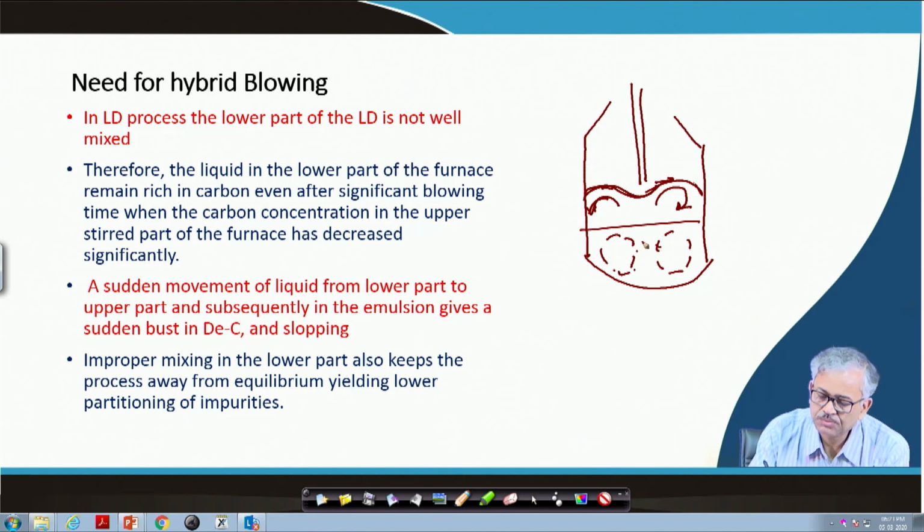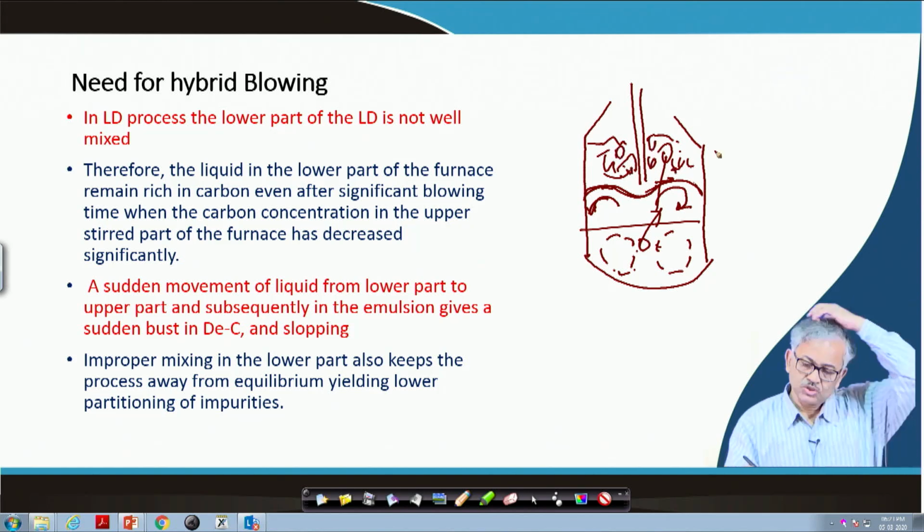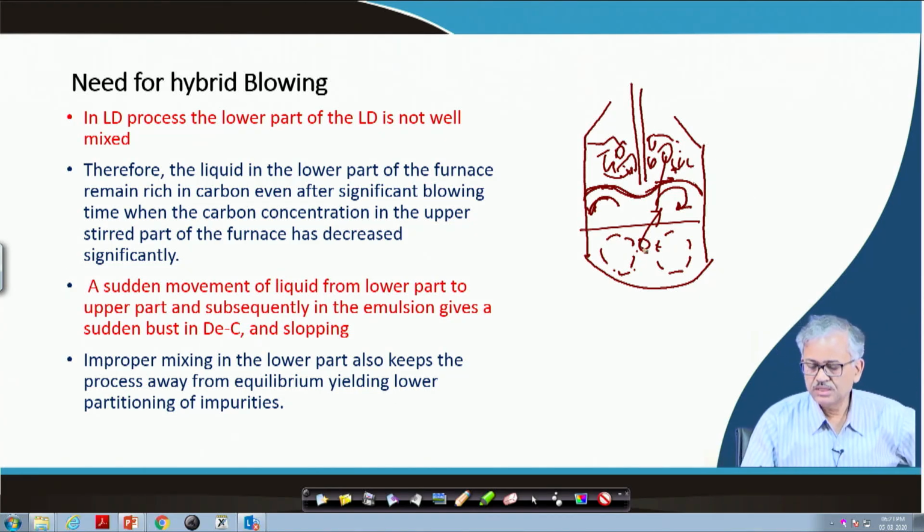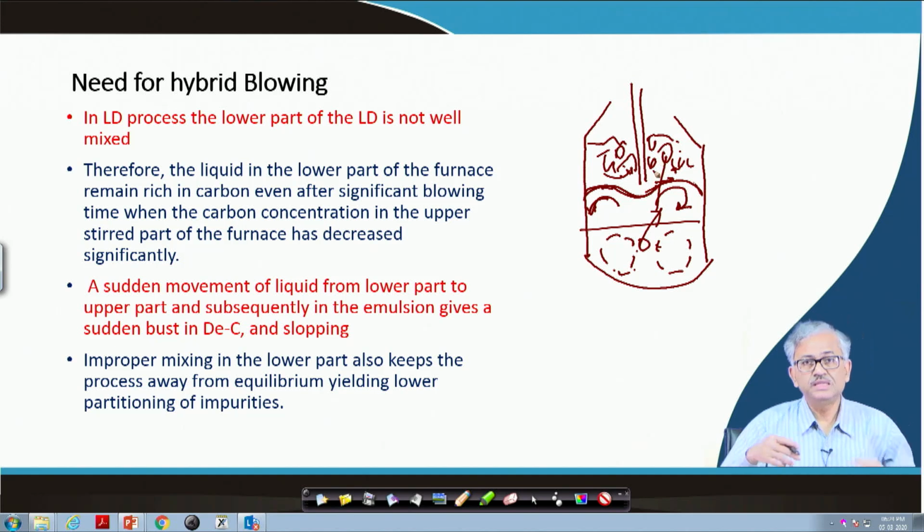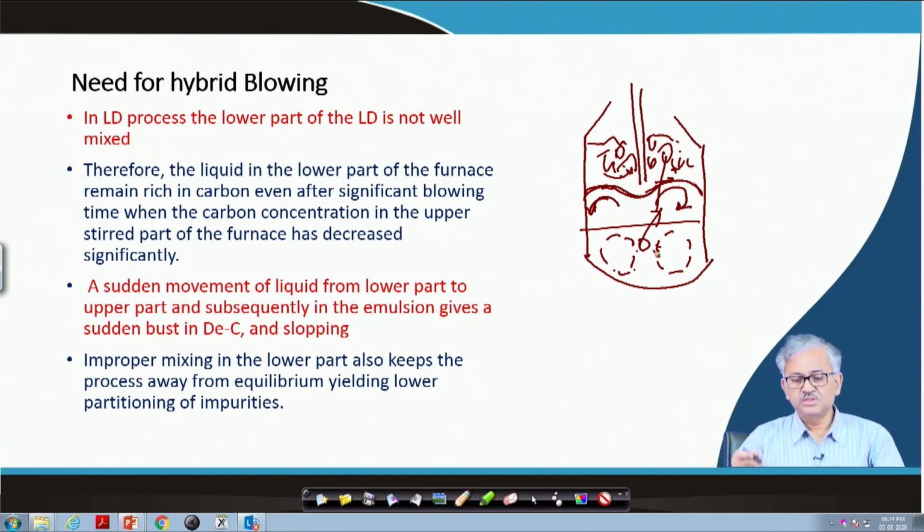a part of the liquid is moved up here, and then it joins the emulsion phase. You know this is the emulsion, here it is the emulsion, with bubbles and droplets. If some pocket of liquid rich in impurity comes to the upper part and then suddenly goes into the emulsion phase, there can be a burst of decarbonization, because this liquid is very rich in carbon even after a certain blowing period, since this part is not mixed up.